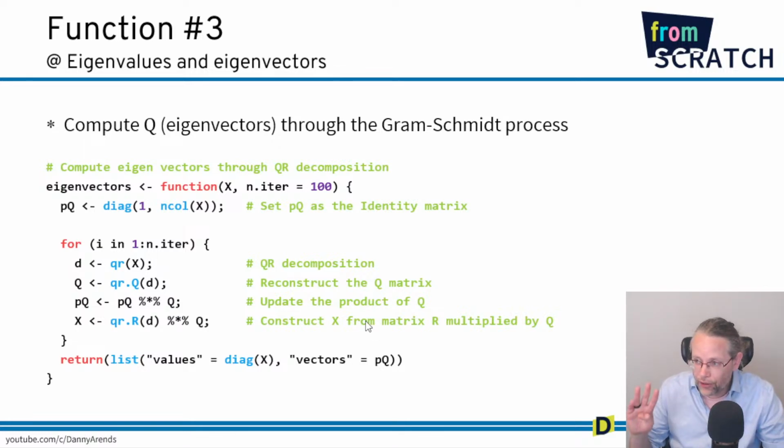All right, so 3 functions. I hope it's clear how we build these functions and why we need them. The autoscaling is there to make sure that all of the data is normalized so that we can compute our covariance matrix. Our covariance matrix tells us how features are related to each other. If one of the features is high and the other one is high as well, it contributes. If they are low, then it also contributes.